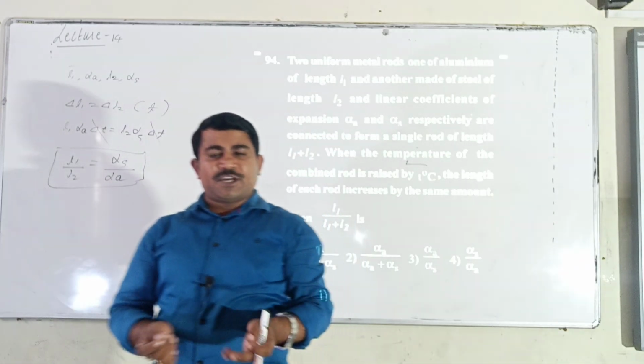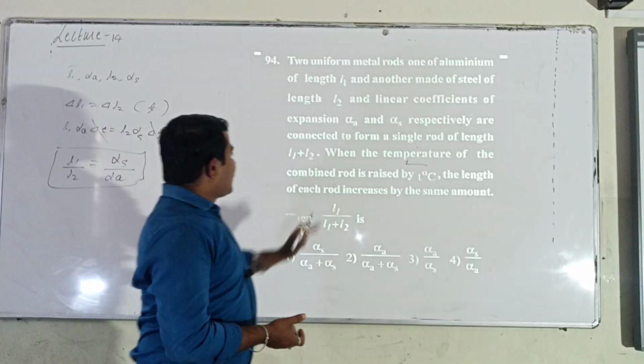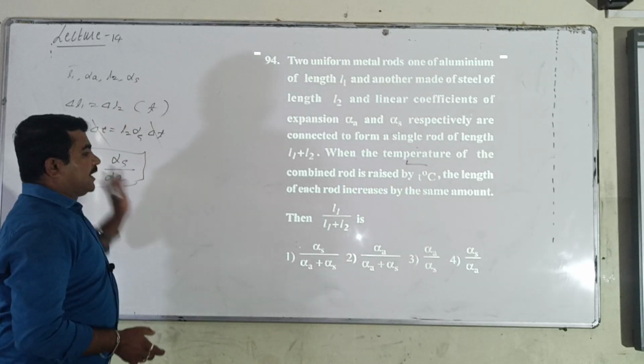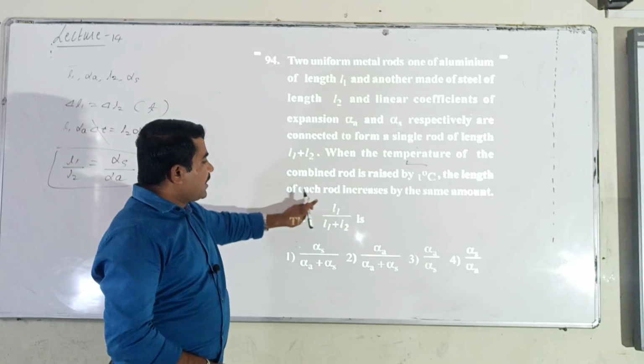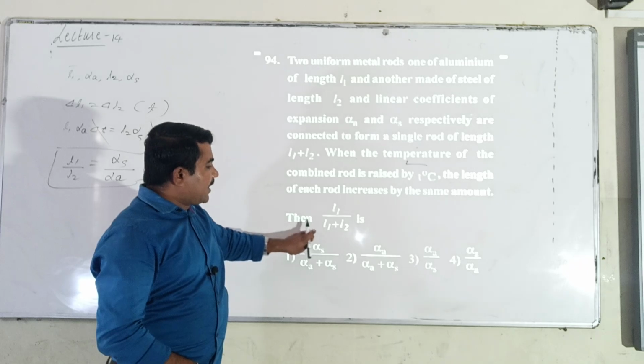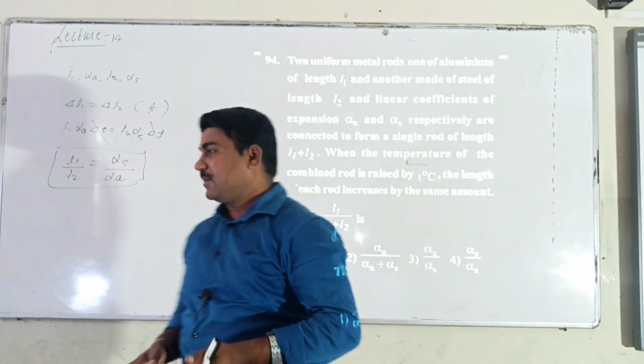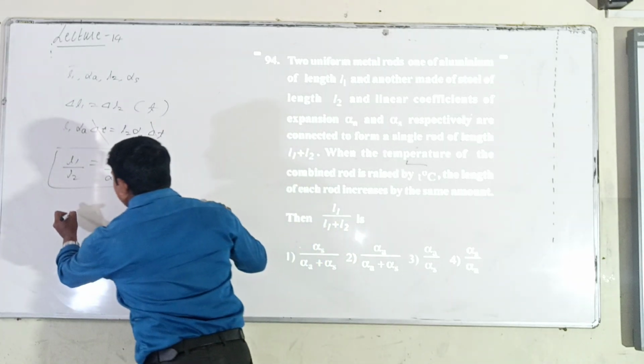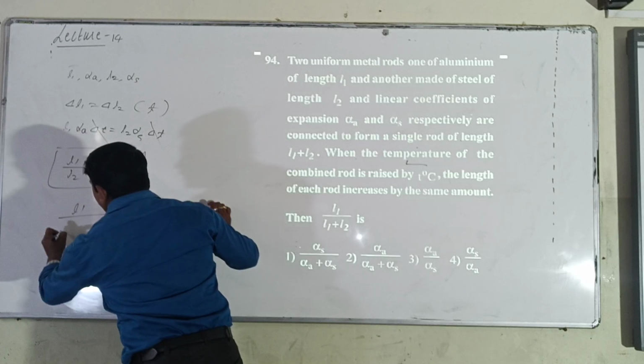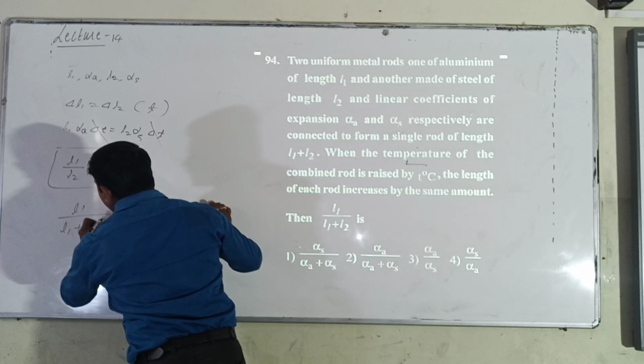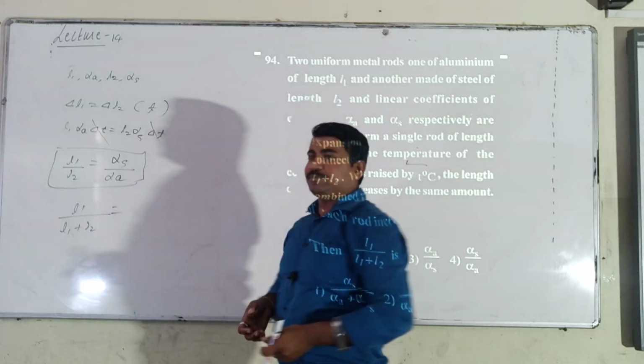Only at the common temperature, when we provide the same amount of temperature, del L1 is equal to del L2. But what is the condition given? L1 divided by L1 plus L2 is given. From this, how to write? L1 divided by L1 plus L2, equal to what relation?